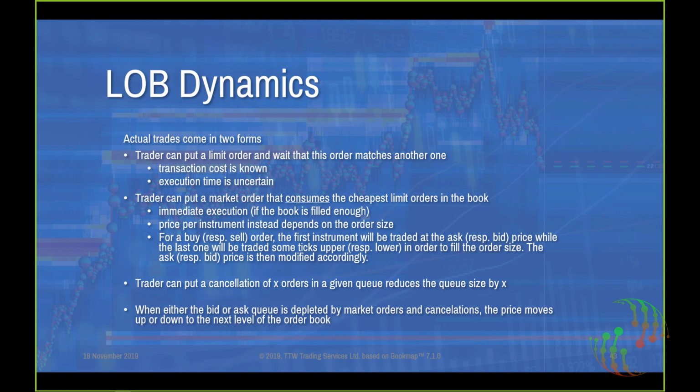So if the queue is there, you will get a fill immediately. So there's a difference. I don't know whether I expressed this well. If you are in the limit order, it depends on the queue where you are to be executed. Or if you put your order at market, then it will be executed at the best price.